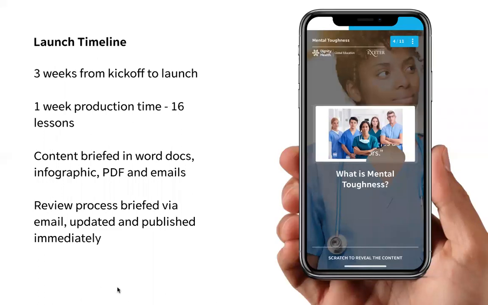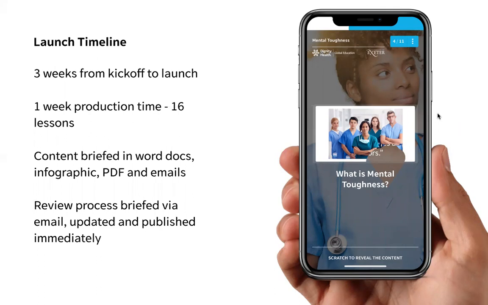And we didn't have enough time to train the subject matter experts on our preferred templatized, structured approach to getting content. So we got content in Word documents, a long infographic, PDFs, PowerPoints, emails. There was one email chain that was, I think, 18 messages long, and each one of those had a set of changes in them.